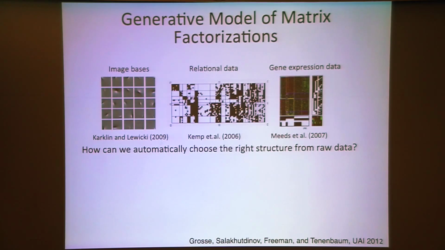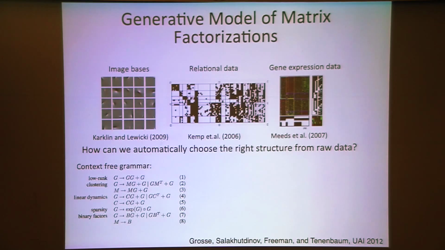You can also try to do a little bit more advanced models, and that really has to do with trying to define generative models of matrix factorization. So here's the question: if you have image bases, or relational data, or gene expression data, how can you try to figure out mathematically what kind of structure you're seeing in that data? And this is work by Roger Grosse at MIT.